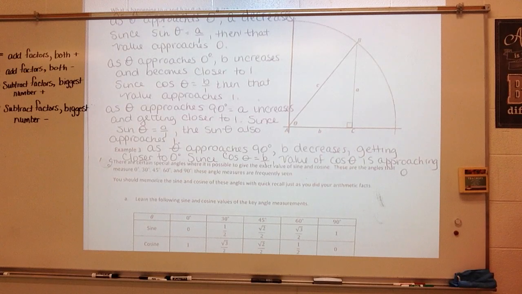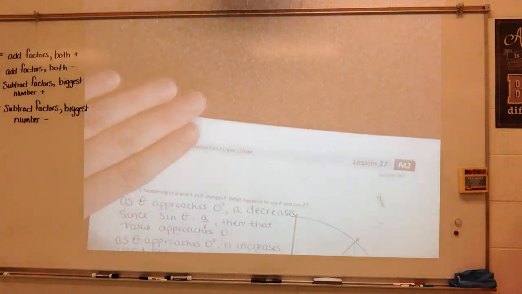Because there are no right triangles with an acute angle of 0 or 90, in the above thought experiment, we are defining sine of 0 as 0 and the cosine of 0 as 1. We also define the sine of 90 as 1 and the cosine of 90 as 0. Notice that this falls in line with our conclusion that the sine of an angle is equal to the cosine of its complementary angle.